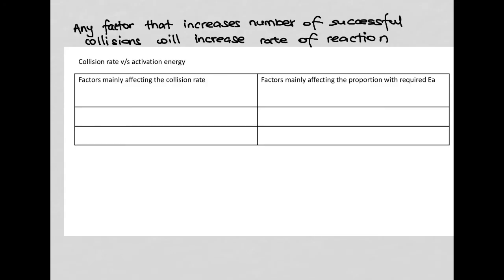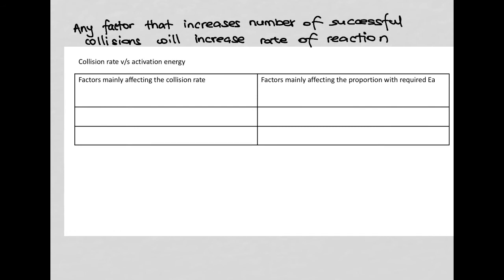Any factor that is going to increase the number of successful collisions will eventually lead to an increase in the rate of reaction. There are two categories of factors that will affect the rate of reaction. One category is factors that affect the rate of collision.